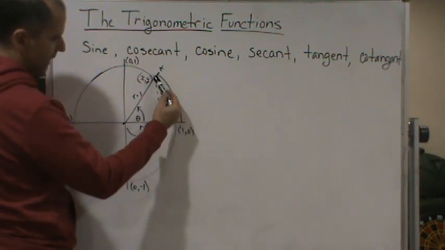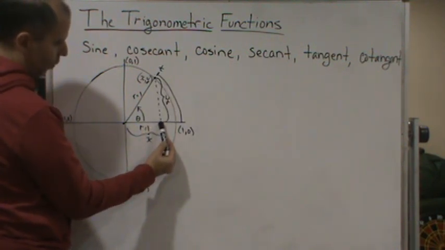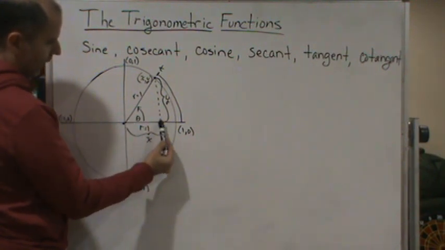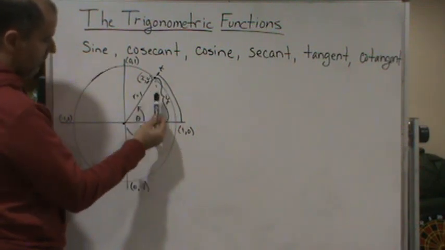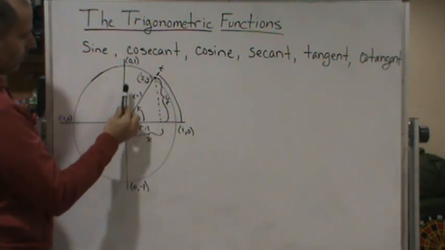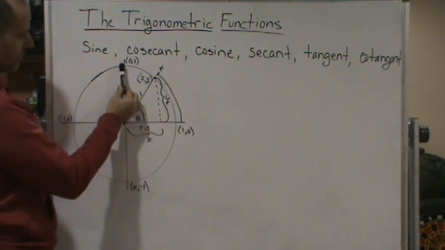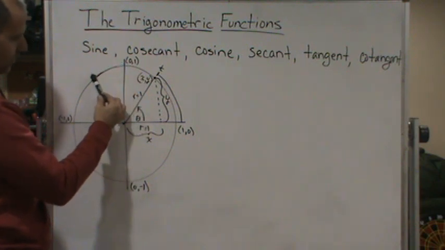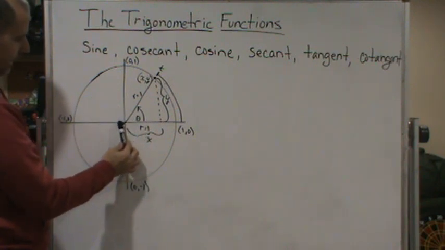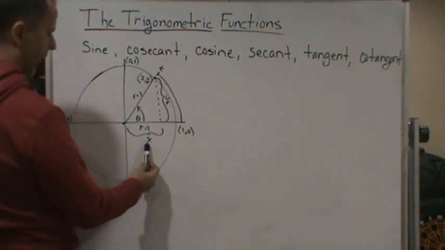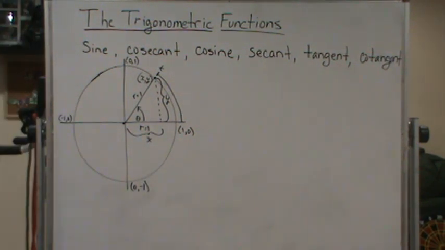But then as t moves, x has gone in, and y has gone up until it reaches the top, where x will decrease to 0 and y increases to 1. And then as it goes down the circle this way, y is going to decrease down to 0 as x increases to 1. And so you see that both x and y are functions of the variable t.